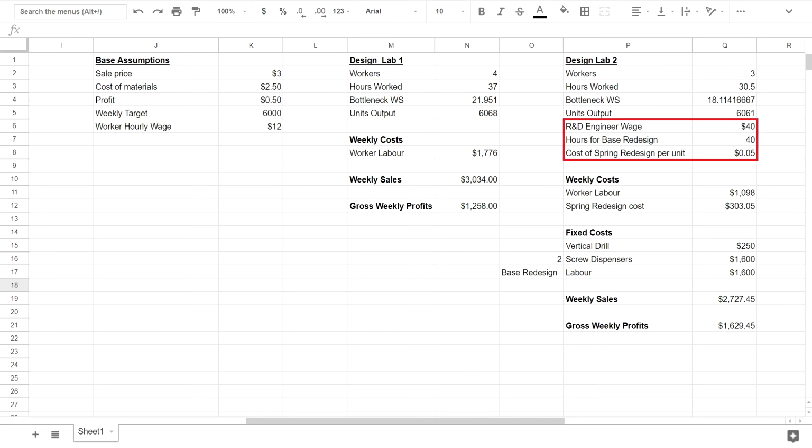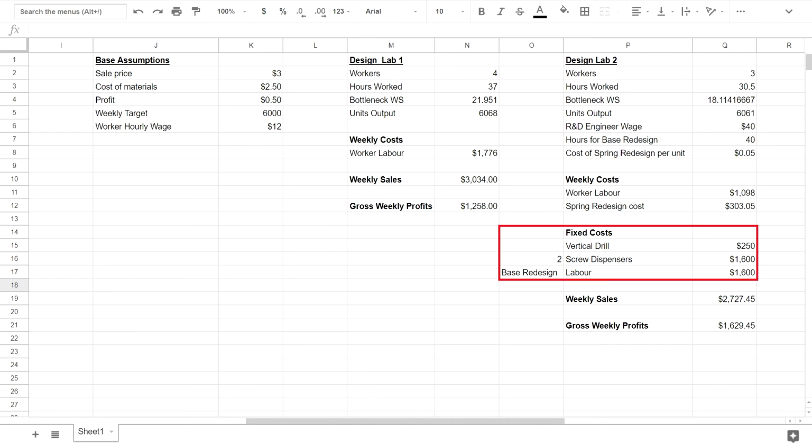For the solution cost estimations we assumed for the increase in quality for the spring, it would incur a base increased cost of materials compared to Design Lab 1. For the implementation of the white guiding piece into the base, an R&D engineer was hired to design a prototype.